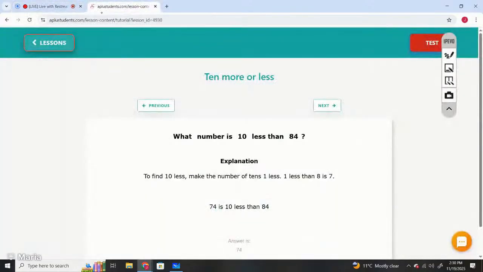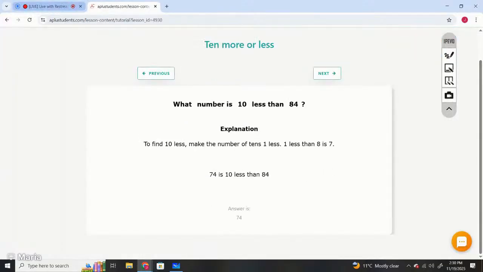Which sentence is 10 more than 84? So we need to find, sorry, 10 less than 84.